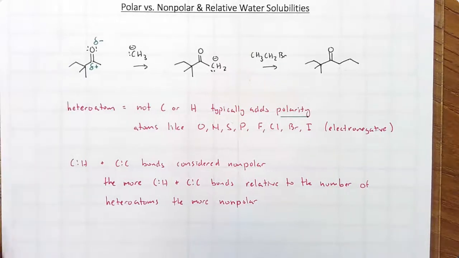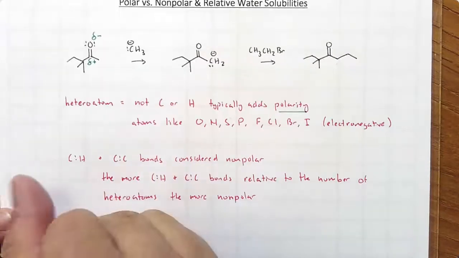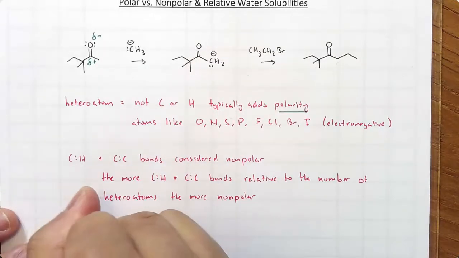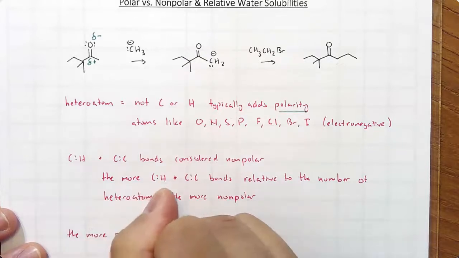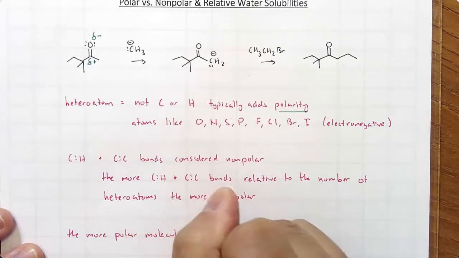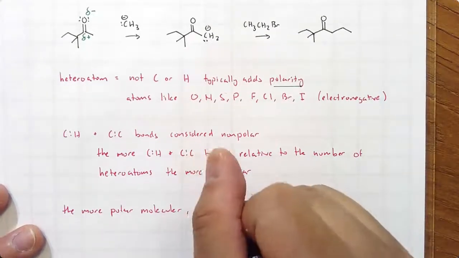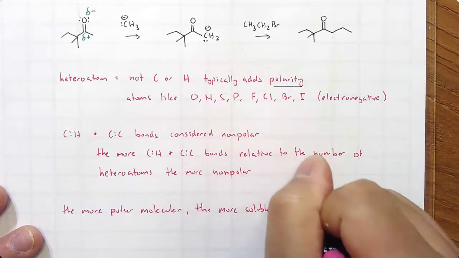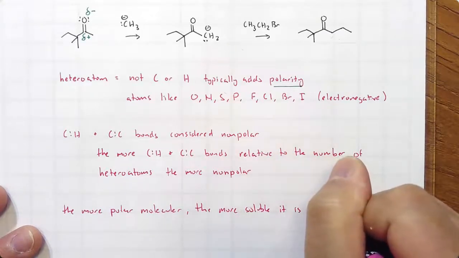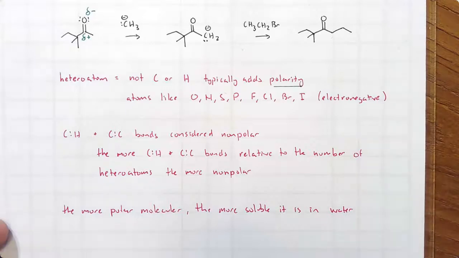There's one last thing I want to add before we get back to these molecules, is that simply the more polar a molecule is, the more soluble it is in water and other polar solvents.